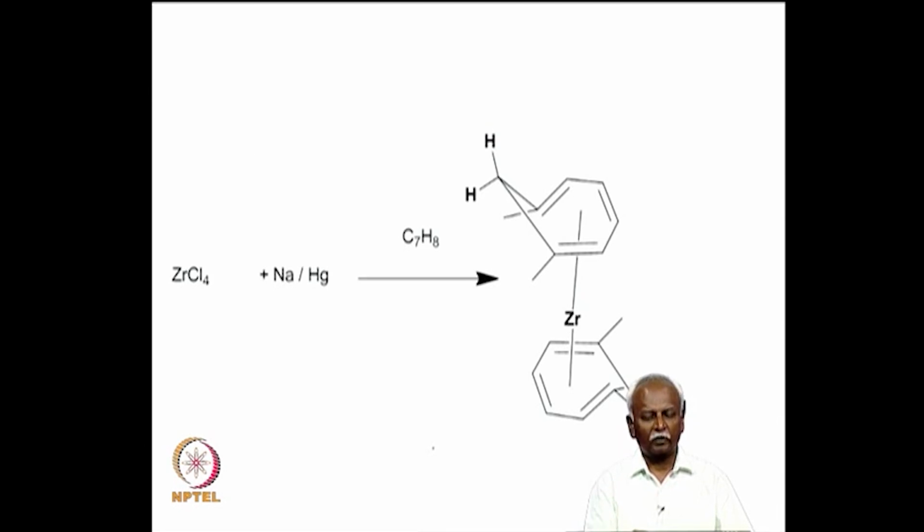Okay. So, here is a way by which you can make another zirconium compound. In this particular example, I have taken 2 cycloheptatrienes and interacted them with zirconium, because zirconium has only 4 electrons.